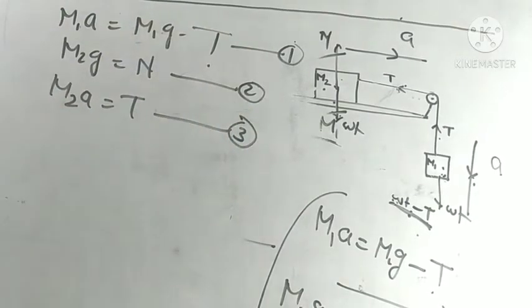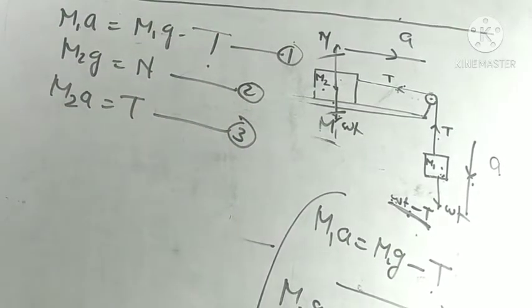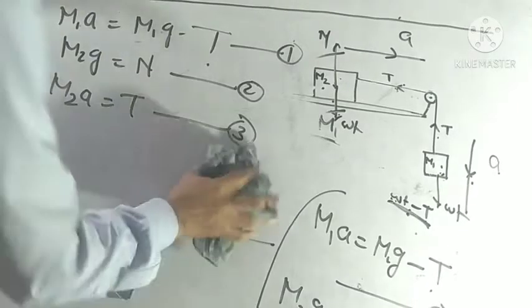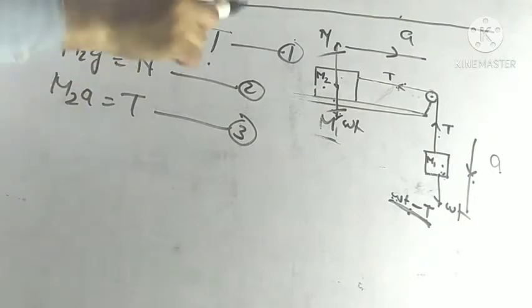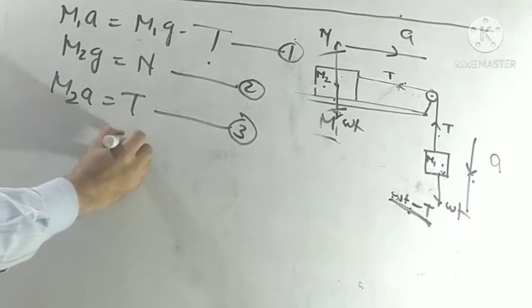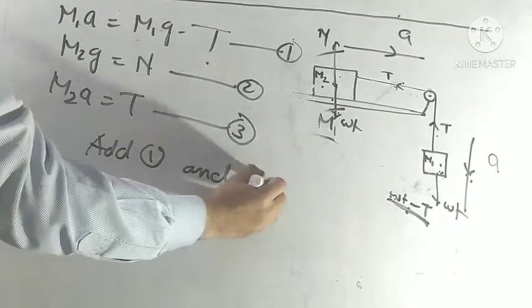Now we have to find the acceleration and tension T in the string. Firstly, we add equation number 1 and equation number 3.